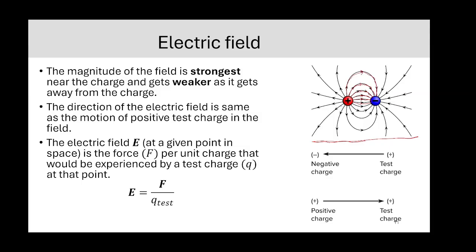These other lines, where we see them like this, are also going from positive to negative, but with a very big circle like this. So all these lines will reach out to some infinity.